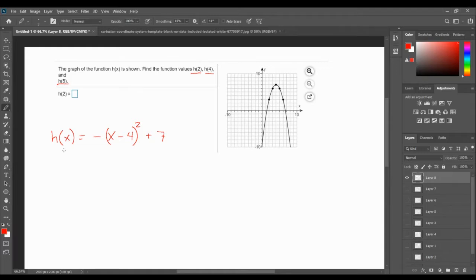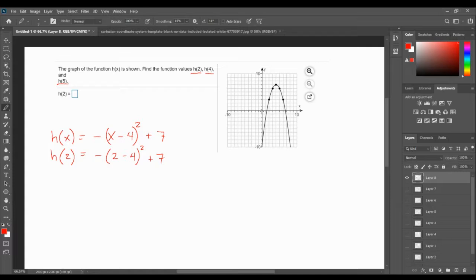So when they say h of 2, notice that what we've done is we replaced x with 2. So I can do the same thing over here, just replace x with 2, and mathematically calculate what that is. But I don't have to do that if I have the graph.